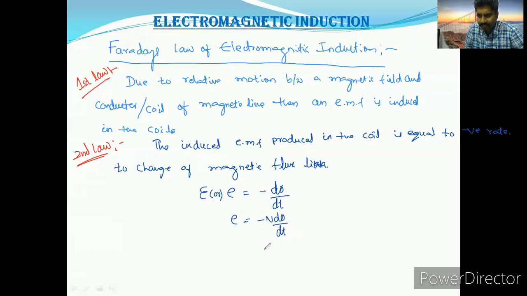We can also write this as minus d by dt of n, and phi is nothing but BA cos theta.